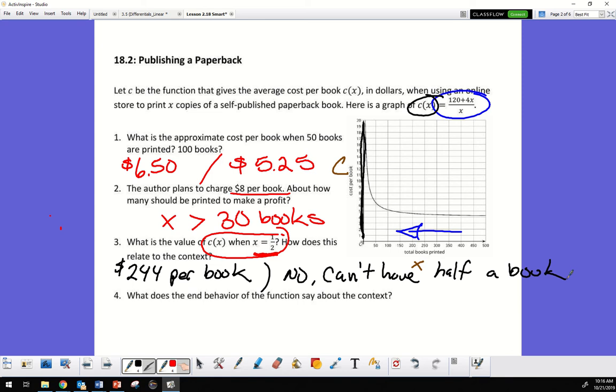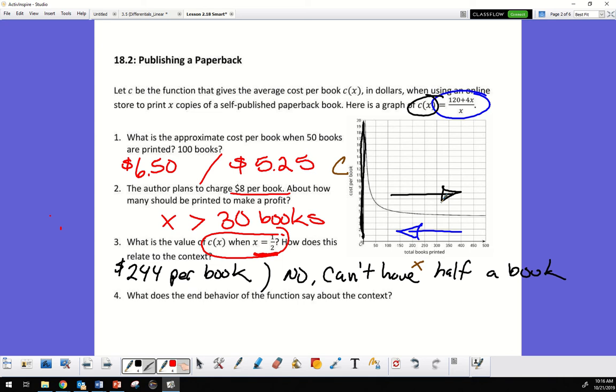End behavior. End behavior goes to the right. End behavior goes that way. If this function keeps going, is it going to a number? What number is it going to? Positive infinity.